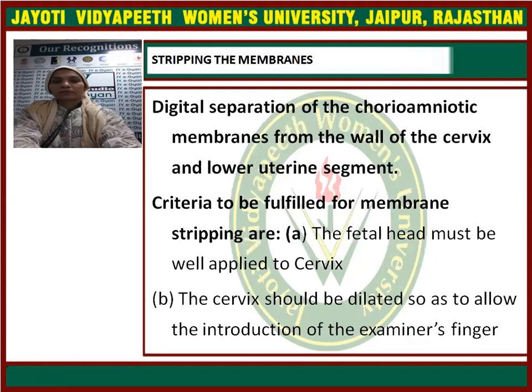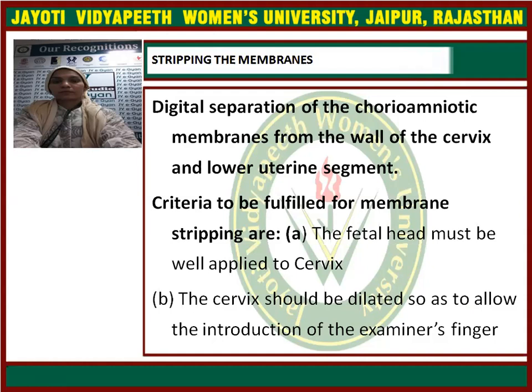Again, the next topic is stripping of membrane. Stripping of membrane means digital separation of chorioamniotic membranes from the wall of the cervix and the lower uterine segment. From the lower uterine segment and from the cervix, digitally we separate the membranes.